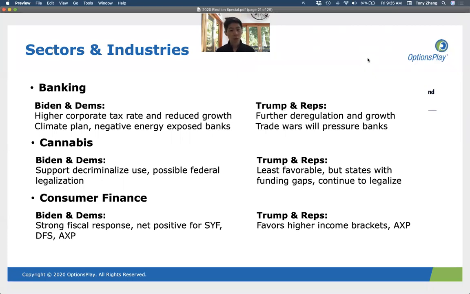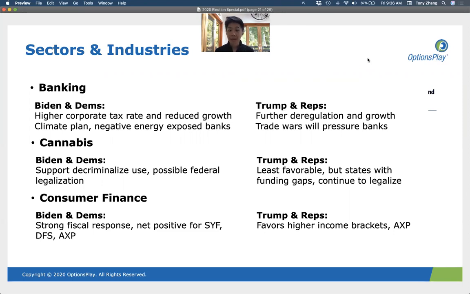So we don't particularly see a lot of upside here for banks, even under a Trump and Republican government, because of potential further trade wars that could offset a lot of the deregulation and growth that the Republican administration has supported in that banking sector. So banking is one where we see substantial variance between the two possible outcomes.